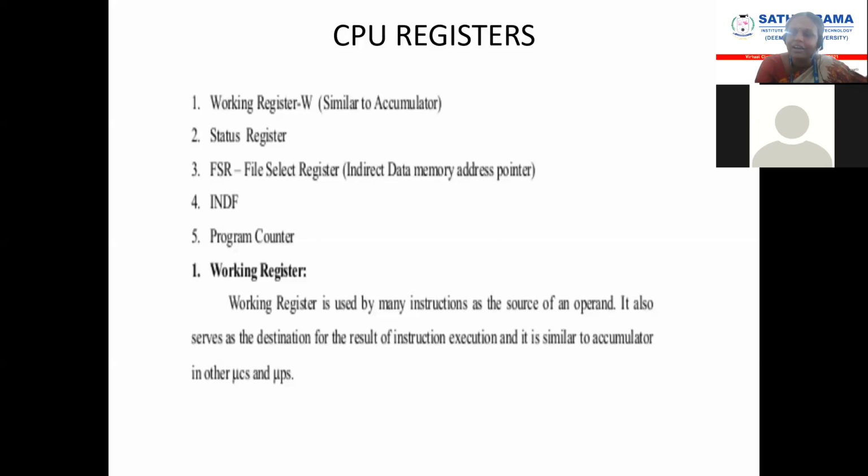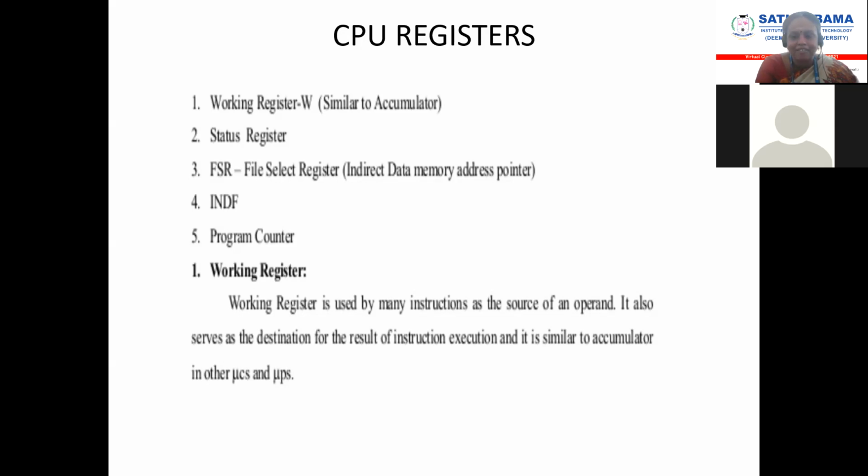Here we have 5 ports: port A, port B, port C, port D, and port E. One more thing, the on-chip memory capacity in 8051 is 2 KB ROM and 256 bytes RAM. But in the PIC microcontroller, there will be 8 KB ROM, 356 bytes RAM, and 256 bytes EEPROM. So these are the things.